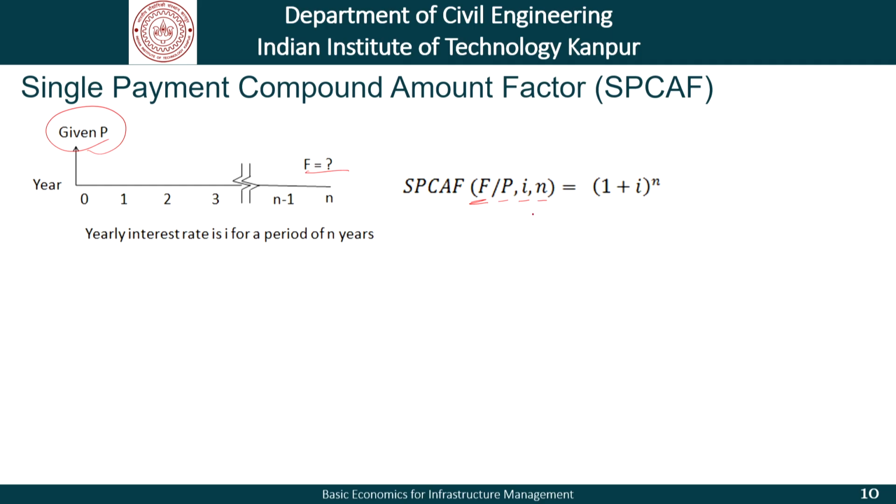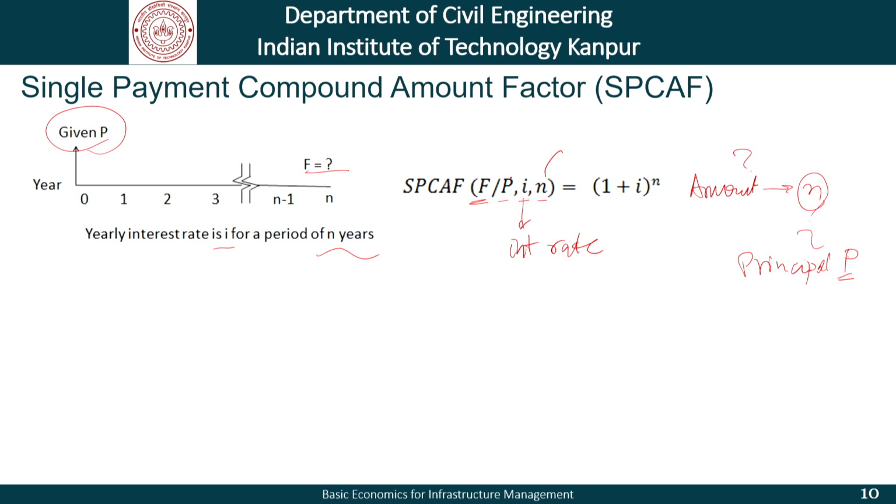I is the interest rate, and N is the number of years. Now, we all know that if this was the case, then we are talking of the amount at the end of n periods, rate of interest being I, given that the principal was P.